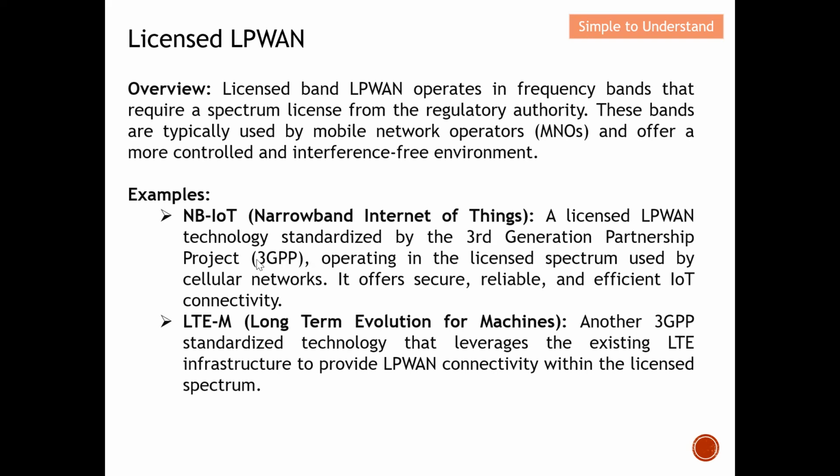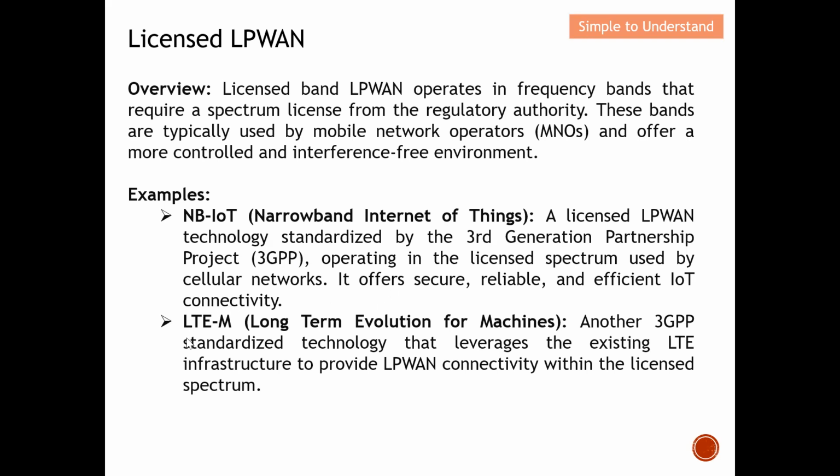This used to be used by 2G, 3G and 4G, and they basically use just a small part of this. 2G is in fact the whole part, and a very small part of this LTE. Because they are using a licensed band, they can offer secure, reliable, and efficient IoT connectivity.